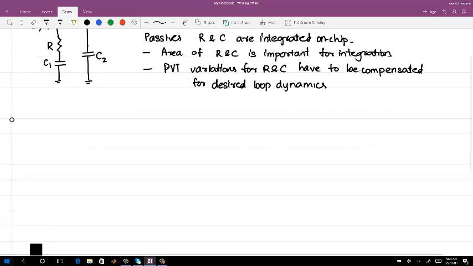So now this resistor is realized. I think this is something which you all know, just for the sake of completion.